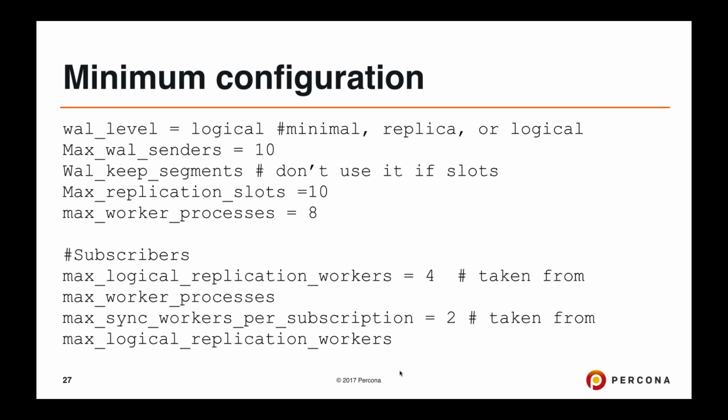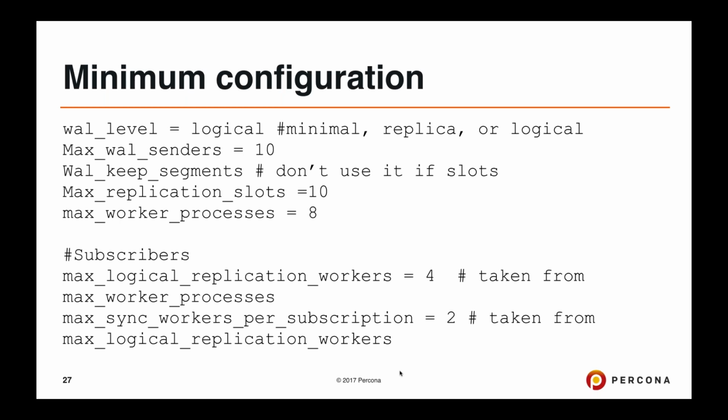The wal_keep_segments was one of the variables used to tell the master of the streaming replication how many checkpoint segments should be kept if one slave goes down and needs to synchronize with the master.